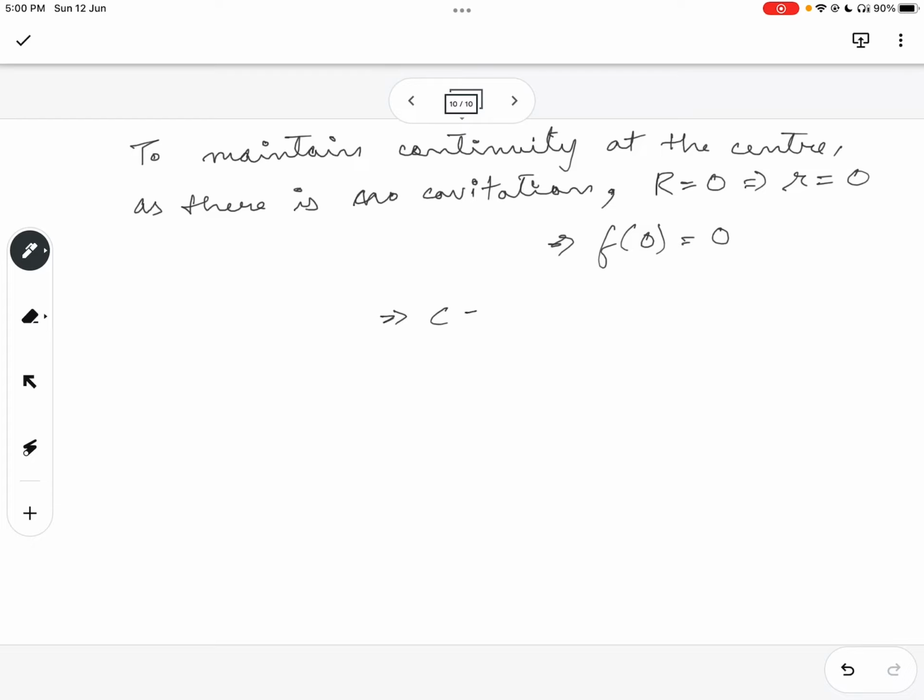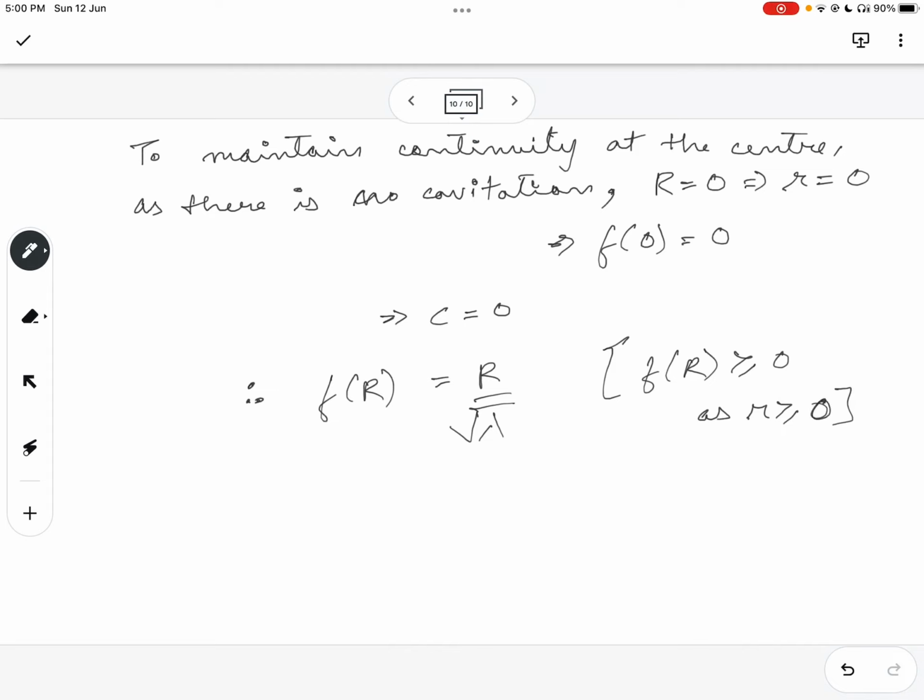This implies that c is 0, and therefore the form of function f is r by root lambda. Only the positive sign is taken because f of r should be greater than or equal to 0, as R is a positive quantity. So r is equal to f of R by root lambda.